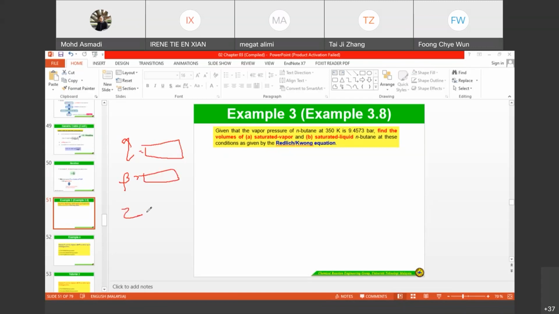So Zi plus 1 is equal to, what is the equation? 1 plus beta minus Q beta, Z minus beta, Zi, divided by Zi, Zi plus beta.